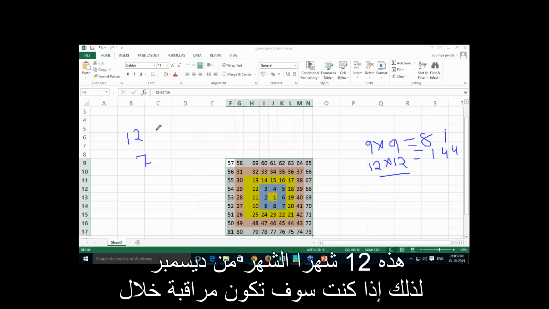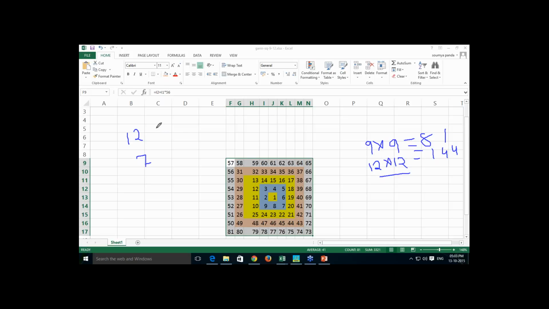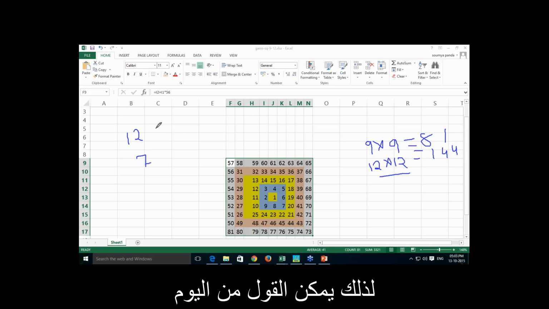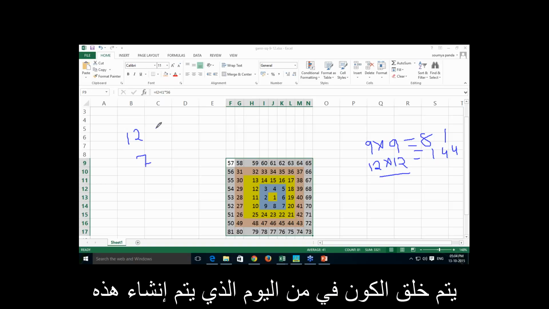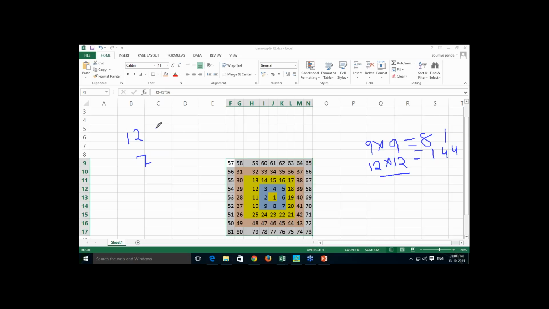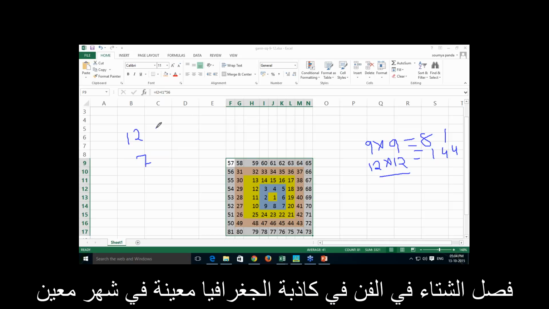If you observe these 12 months, from November to December is winter. So you can say from the day the universe was created, or the day the earth was created, though in those times it was not documented or properly studied, the winter season on the earth in a particular geography falls in a particular month.